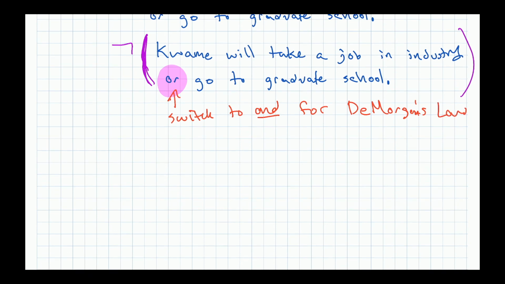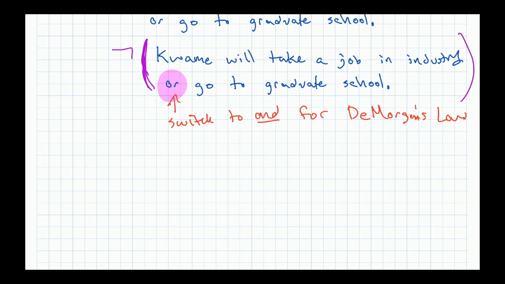And also you have to negate both the P and the Q. So the negation here would be something like this. You would say Kwame will not take a job in industry.